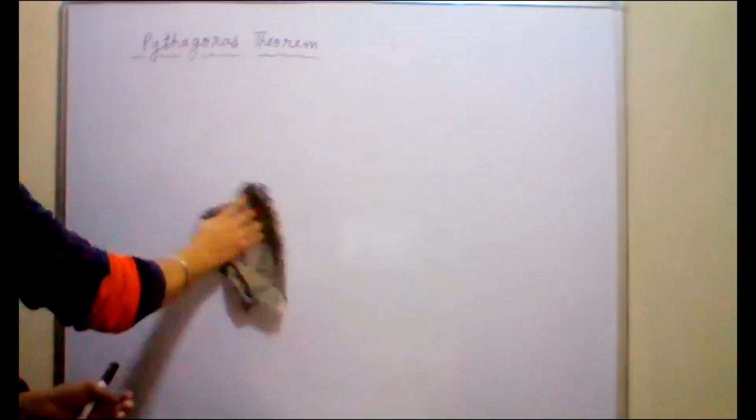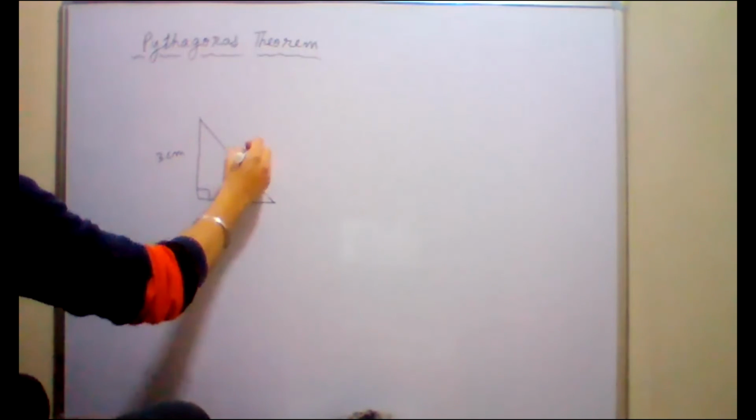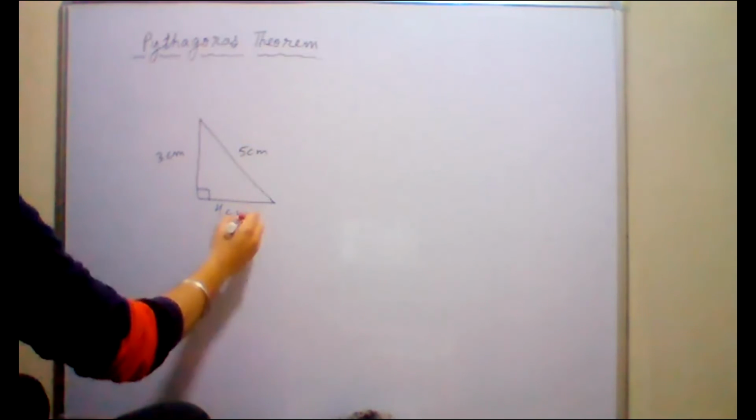So let me explain something in this. If there is a right triangle like this, suppose this side of the triangle is 3 centimeters, this is 5 centimeters, and this is 4 centimeters.